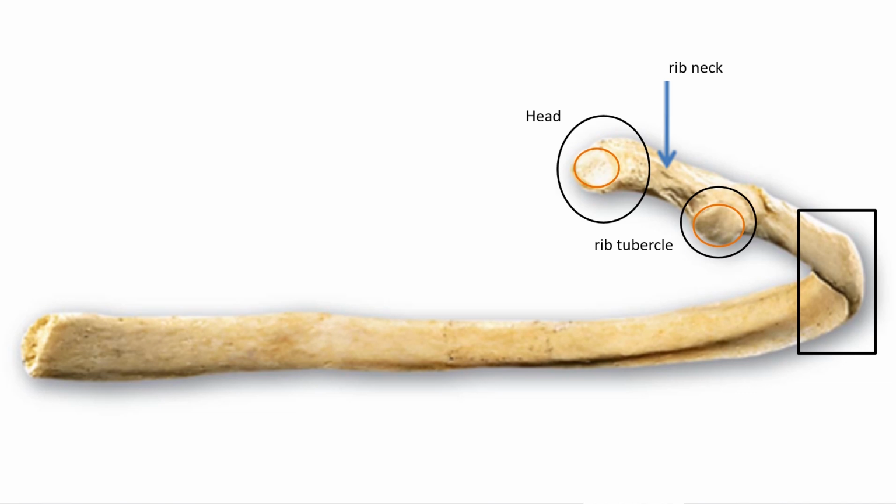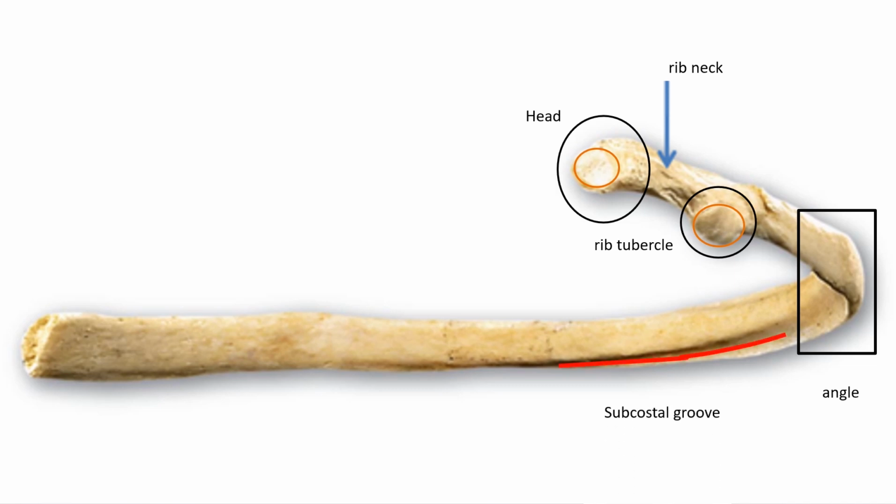So this is the rib tubercle. Then we can see there is a turn of the rib, and this turn makes an angle, and therefore this is the angle of the rib. This is the usual site of fracture of the rib when it is exposed to trauma.